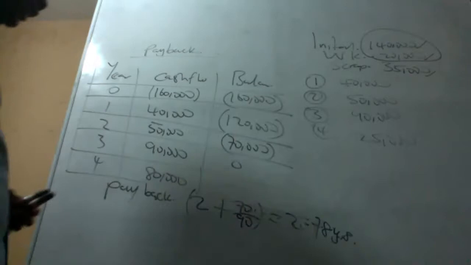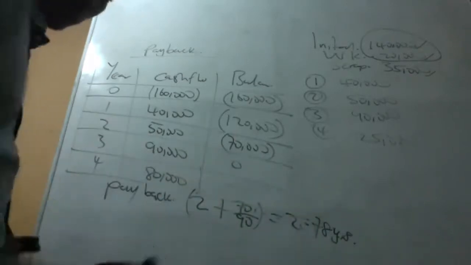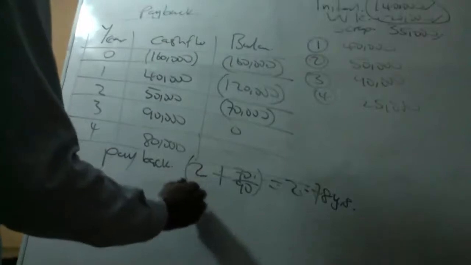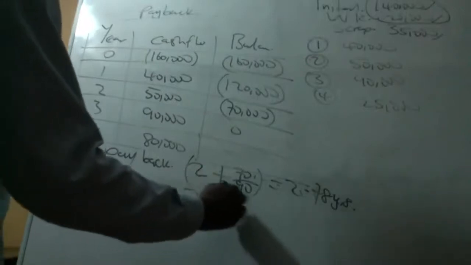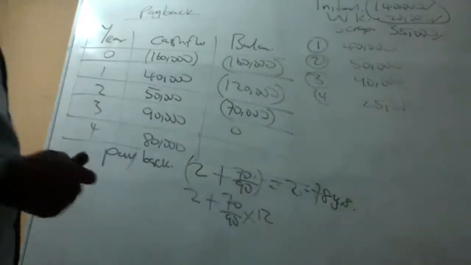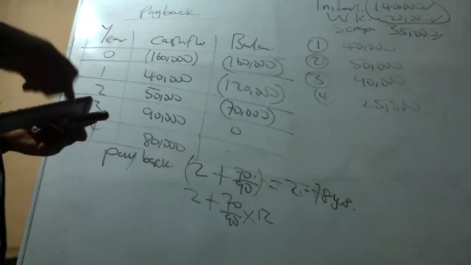So if you want it in years and months, so to be 2 whole number, let me do those ones here. 2 years, 9 months. Okay. So 2 whole number plus what? 70 out of 90 times what? 12. So approximately, this one's the years, right?